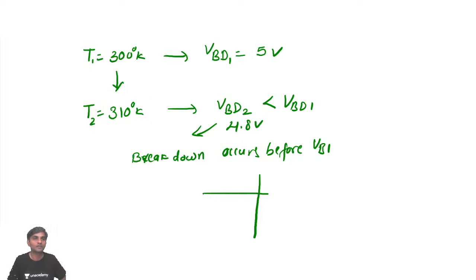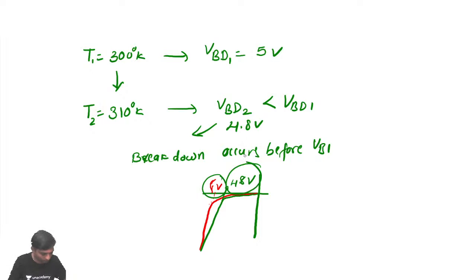That means, let's say initially the breakdown was occurring at this point, 5 volts. This new breakdown will occur before that, and let's assume it is 4.8 volts. I think the point is very clear for all of you.